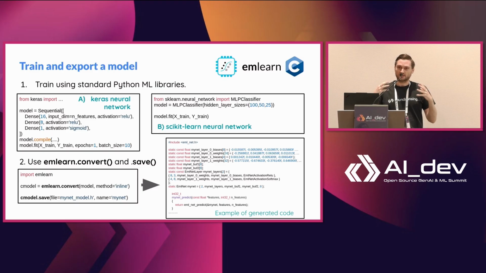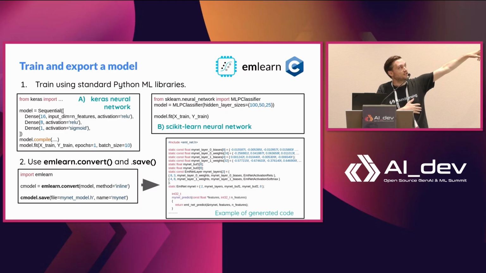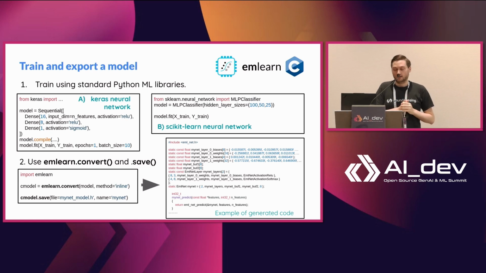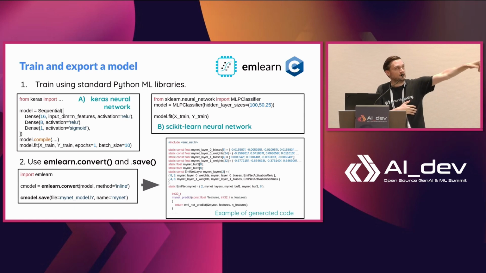Once you have a trained model that you're satisfied with in terms of performance, then you use the emlearn convert function and the save function of that.